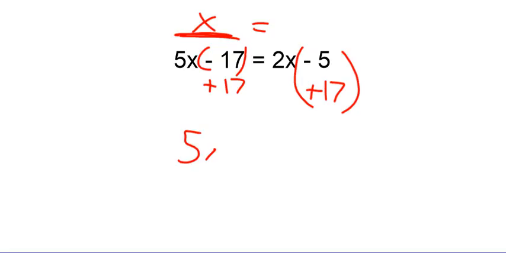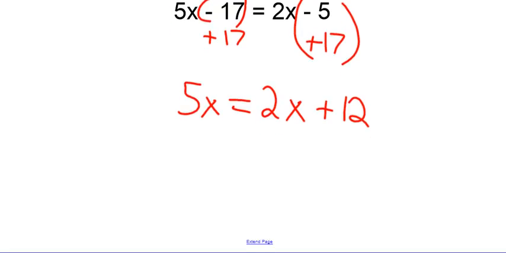So now I'm left with this equation of 5x equals 2x plus 12. Now remember, the goal is to get the x to the left side and only have x on the left side. So in this case, I can take this whole term and move it to the other side.